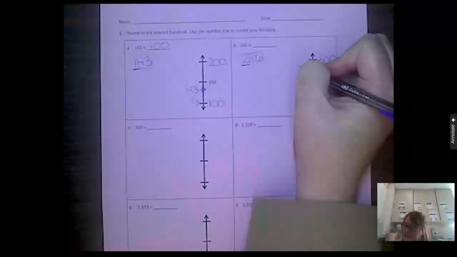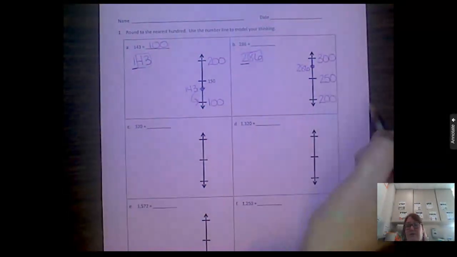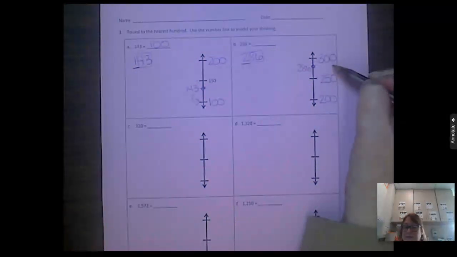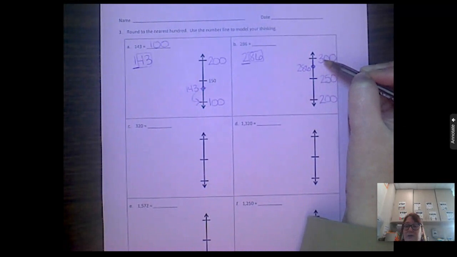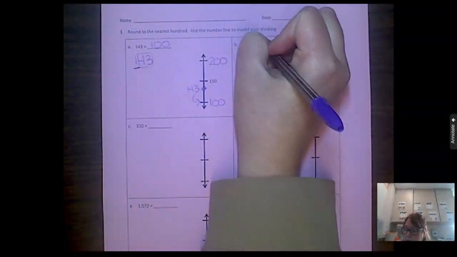This doesn't need to be exact, as long as we're showing on our number lines that we know that 286 is more than 250. Okay, so now it's really easy for us to see on this number line that 286 is closer to 200 or 300. Definitely 300, right? So that means that 286 rounds to about 300.